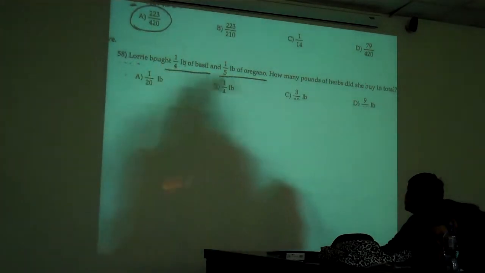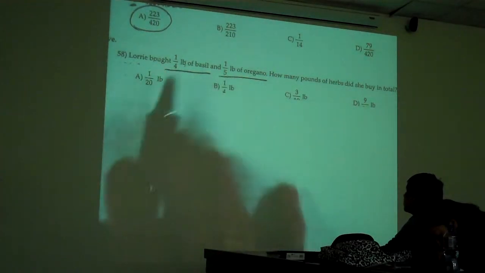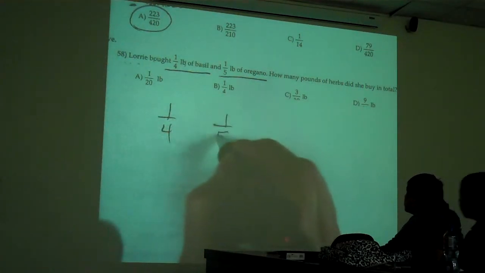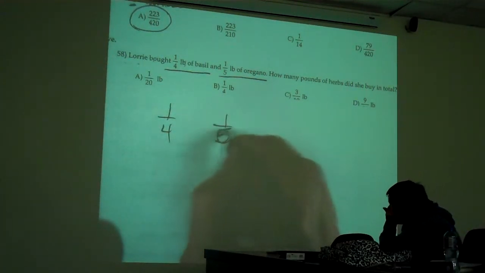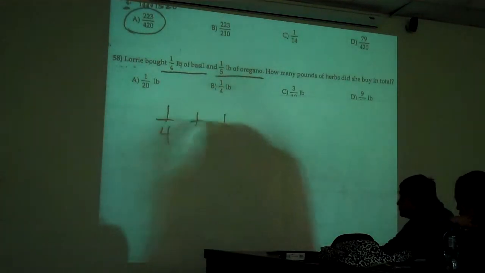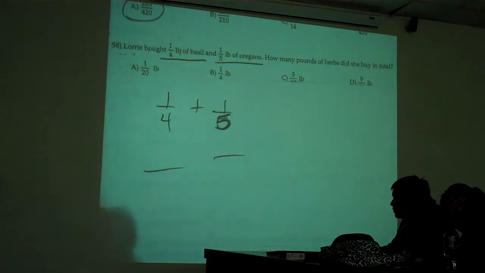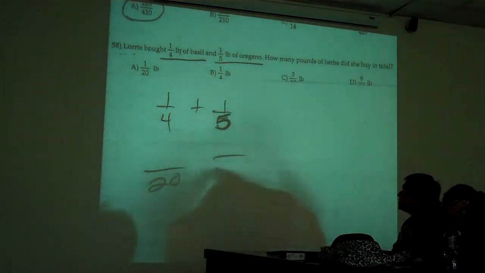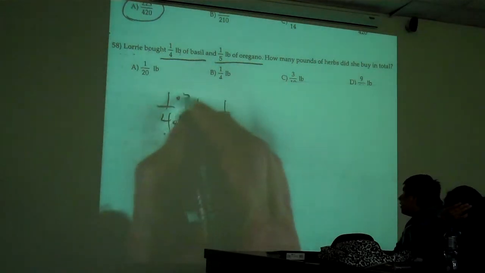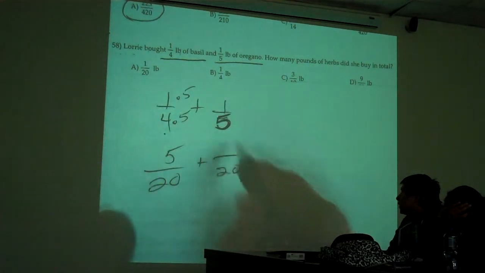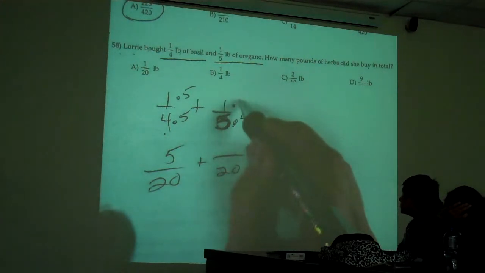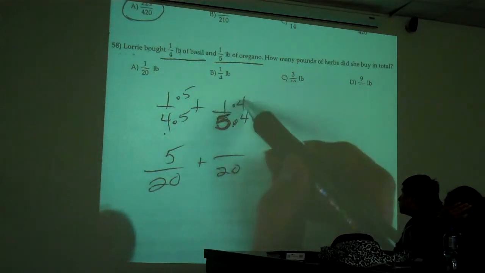She bought this and she bought that, so you're going to add them, right? 1/4 plus 1/5, you need a common denominator again. 4 is times 5, so 1 is times 5. 5 was times 4, so 1 is times 4.